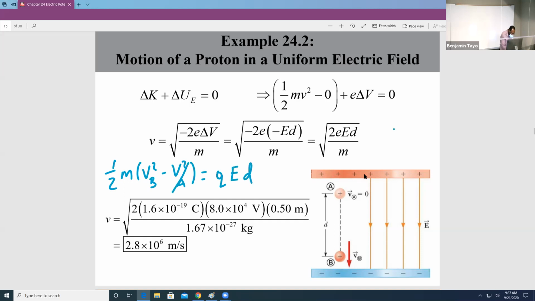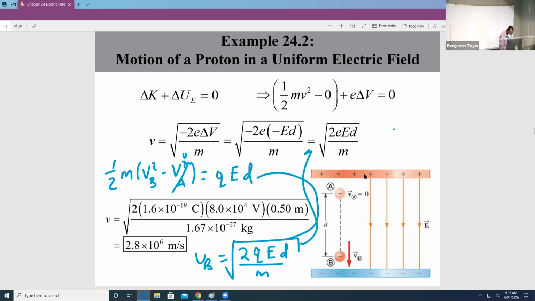Now, because this is 0, if you solve this equation, you get V at point B, which is basically the same equation here, where you just put Q equal to e because the charge of the proton is the same as the charge of the electron.